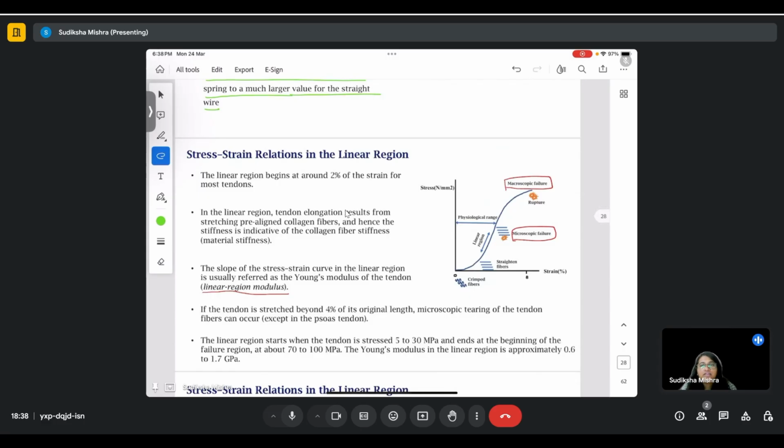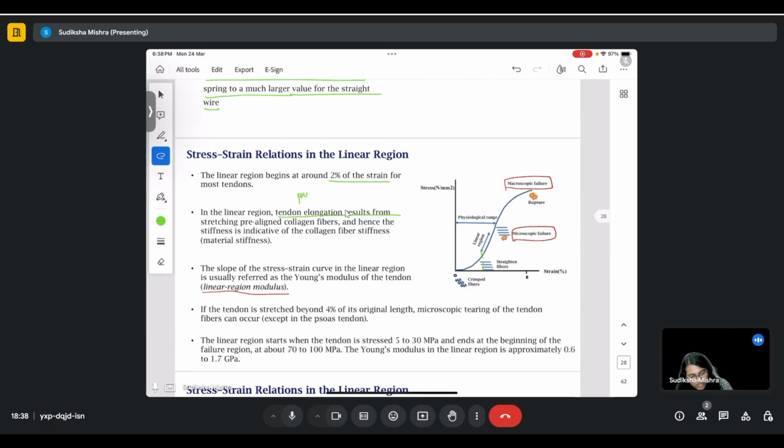As we saw earlier, the linear region begins around 2% of the strain, which is essentially here. In the linear region, the tendon elongates. Tendon elongation results in stretching of pre-aligned collagen fibers, which are parallel.